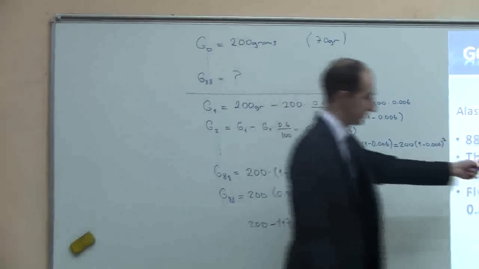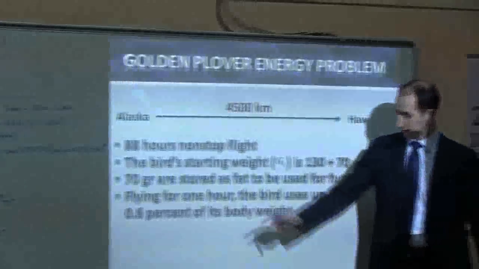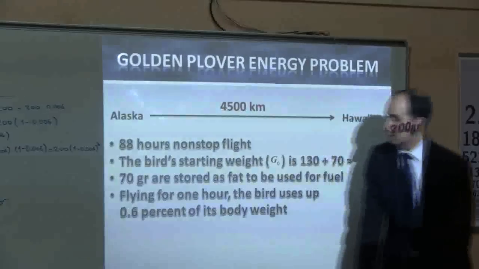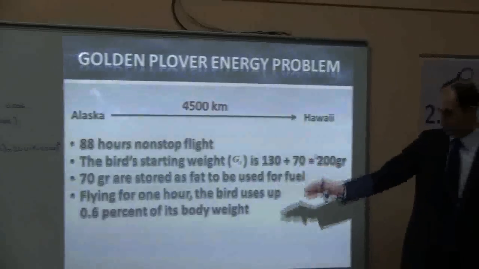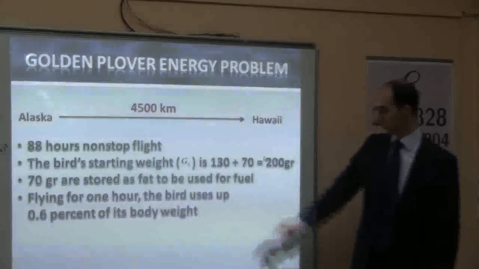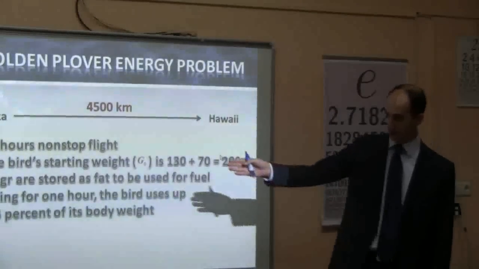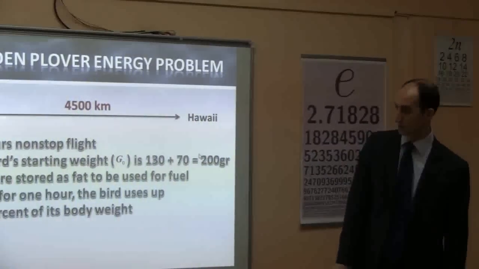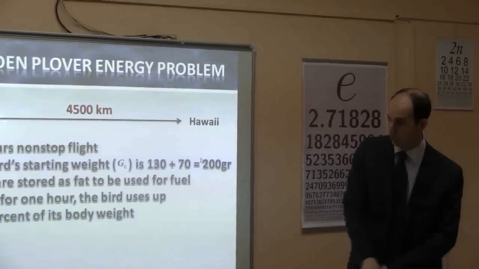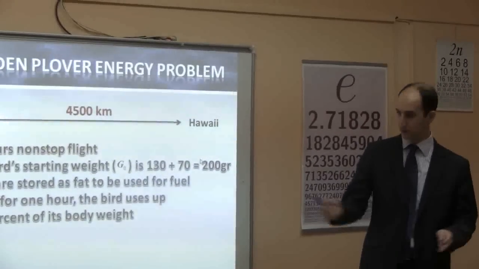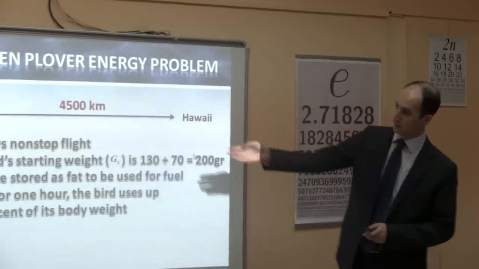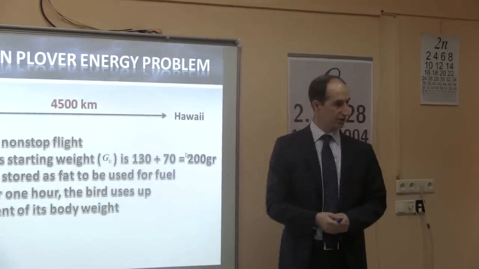But remember the question, we have 70 grams stored as fat to be used for fuel. But this bird needs 82.2 grams of fat. Otherwise, the bird cannot reach its destination.